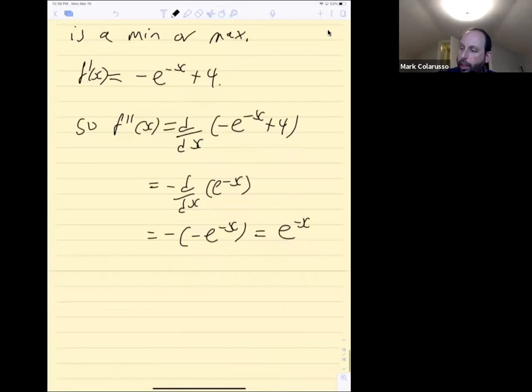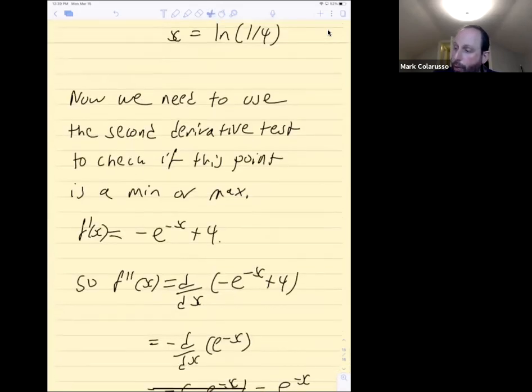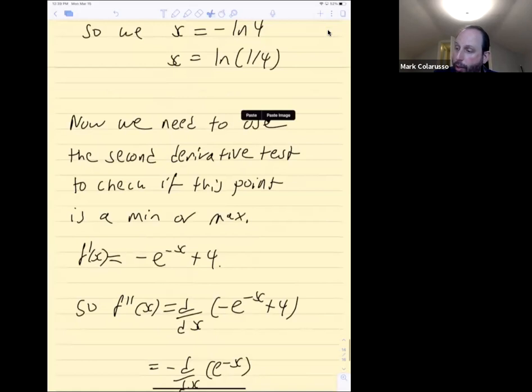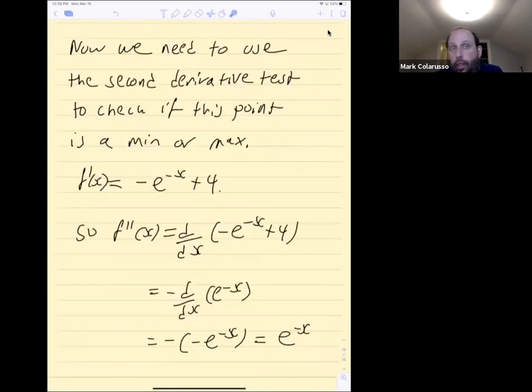And now it's good that we wrote this as x is ln 1/4. We're going to plug in ln 1/4 into this and use double star to rewrite this, to evaluate the second derivative at this point.